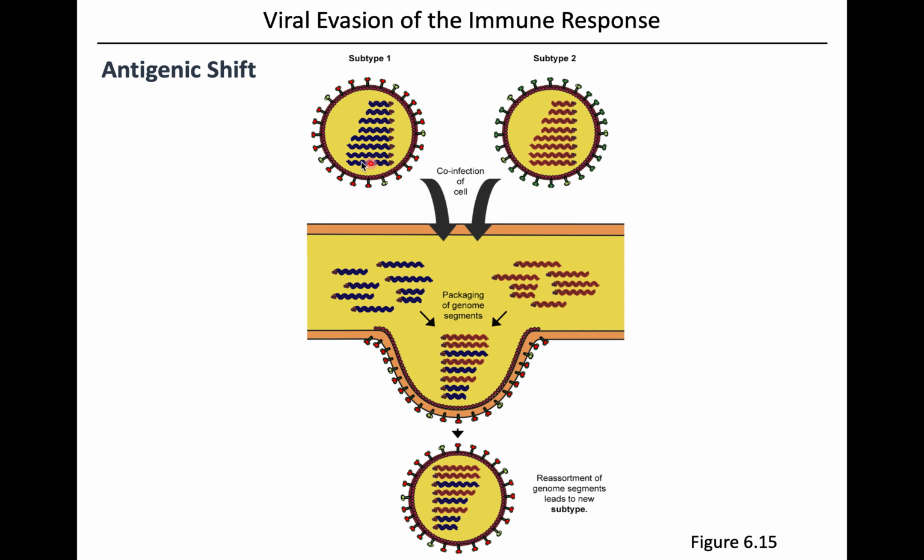And in this case, this requires a cell to be co-infected with, for example, two different subtypes of a virus. And you can see this virus has a segmented genome, right? Multiple nucleic acid molecules.